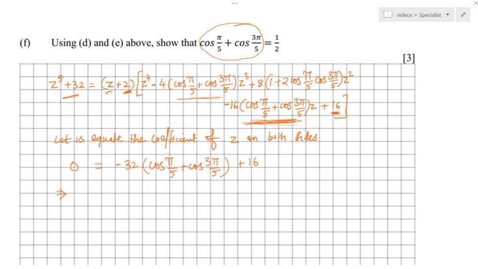And likewise, we equated the coefficient of z on both sides, and from here we can straight away see that cos pi over 5 plus cos 3 pi over 5 is equal to minus 16 over minus 32, which is equal to half. And that's what we were required to prove, and we'll stop on that.